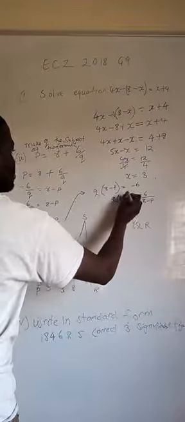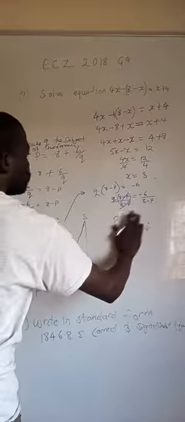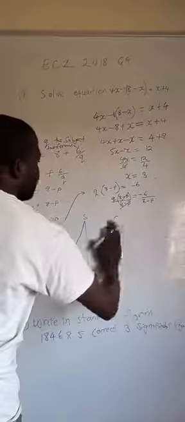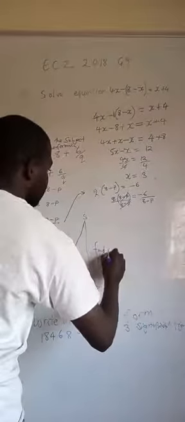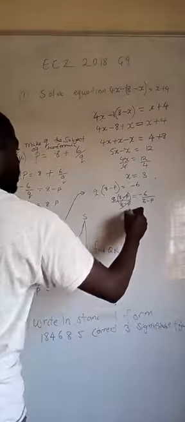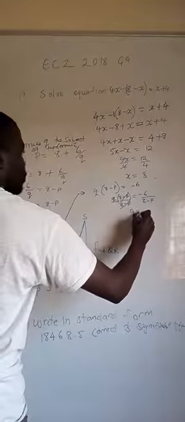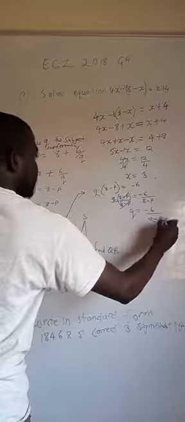So this one cancels, this one cancels. Q is therefore going to be equal to negative 6 over 8 minus P.